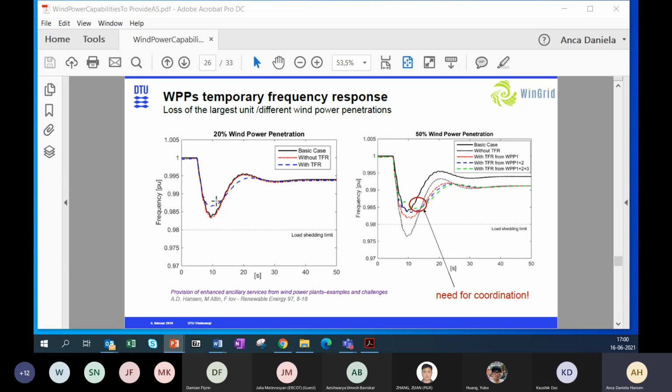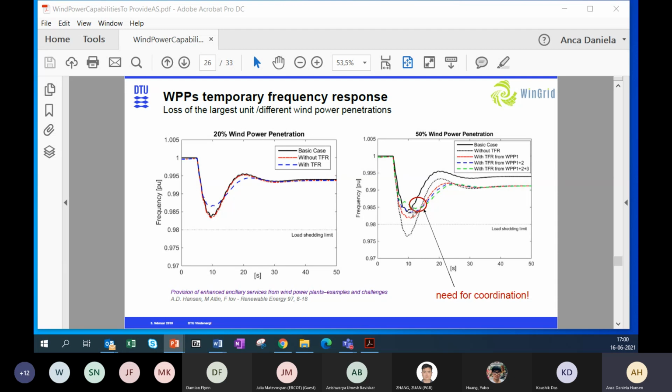Of course, you can see that with fast frequency response the performance is better. We are looking at the case of 50% penetration, where we show the base case without wind turbines, with wind turbines, and then we put this fast frequency response control in each wind turbine.